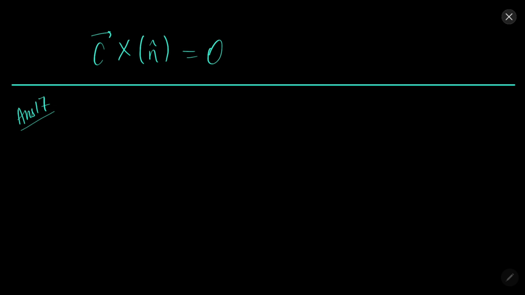Here we will take OP and V, not abc. So first of all, let's say that this is O, let's say this is P, let's say here it is Q, and there is this point P dash.